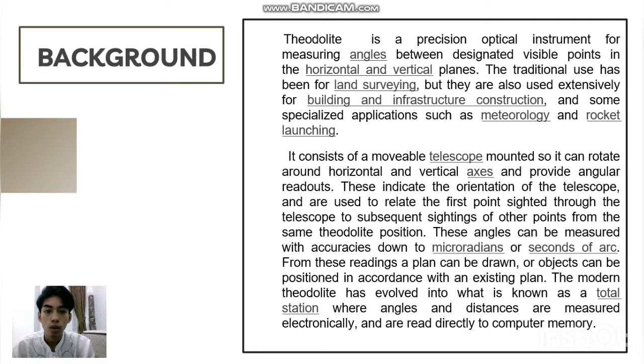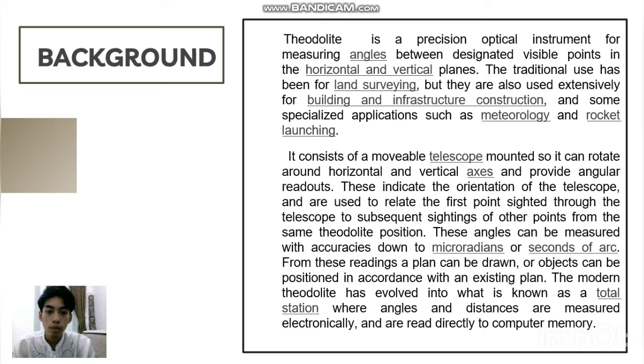It consists of a movable telescope mounted so it can rotate around horizontal and vertical axes and provide angular readouts. These indicate the orientation of the telescope and are used to relate the first point sighted through the telescope to subsequent sightings of other points from the same theodolite position.